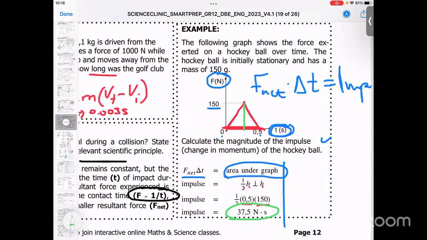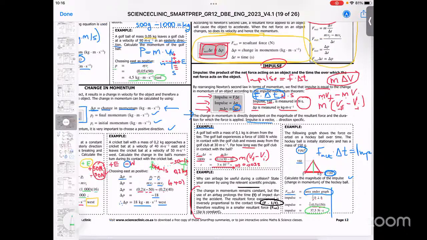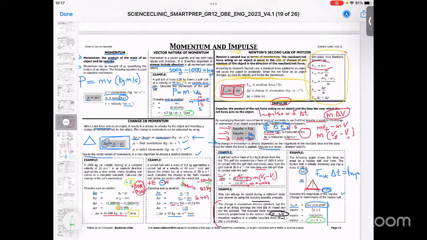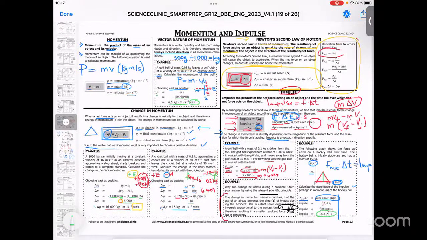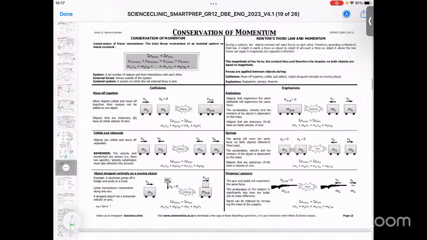So this section looks like a bit of a tricky one, but trust me, the more examples you do, the more it's going to make sense. I will see if I can find or derive some questions that you can use as practice. In our next lesson, we will be looking at conservation of momentum, where we look at different types of collisions and also explosions.